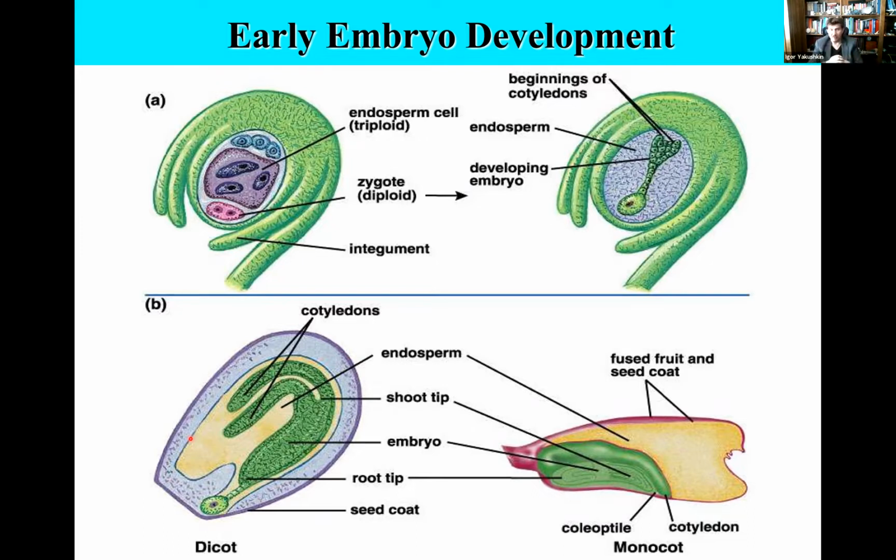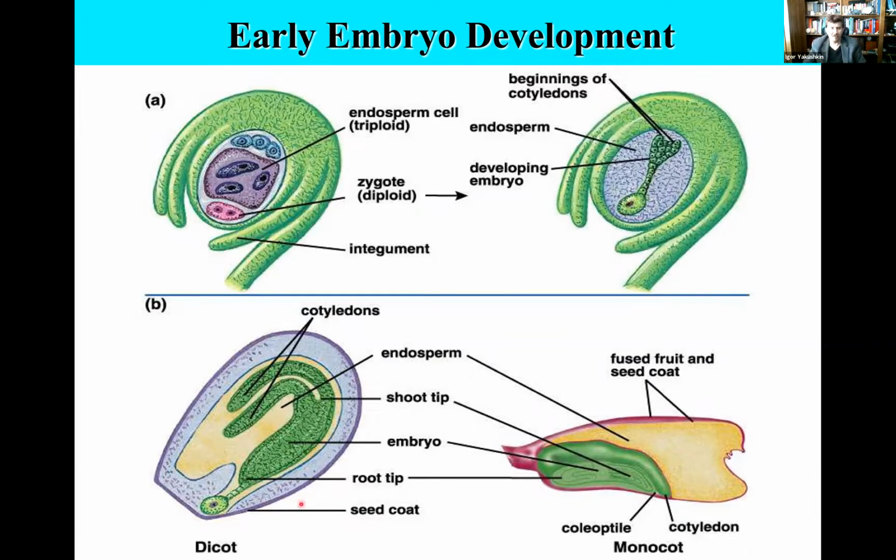Those need to be broken down: starches into simple sugars, proteins into amino acids, fats into fatty acids, etc. This is what the cotyledon does; here we have two of those, and here only one cotyledon. Say that's a kernel of corn, lots of starch comes in, the cotyledon breaks it apart, and then feeds the embryo so the embryo can grow.